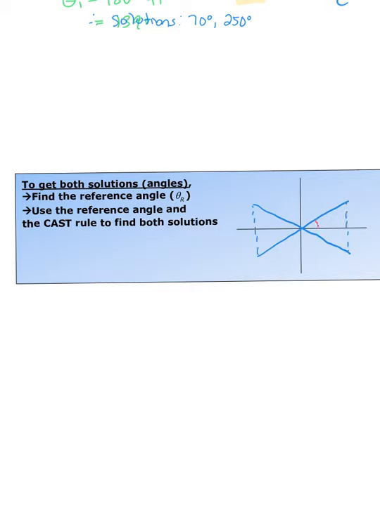If this is your reference angle, it is the same as this angle here, and this angle here. And then what we do is we simply subtract that angle from 180 if our answer is between 90 and 180, or we add the angle to 180 if our answer is between 180 and 270, or we subtract that angle from 360 if our angle is between 270 and 360.